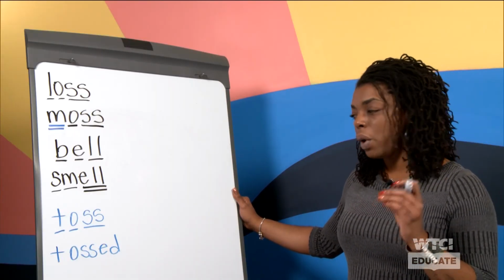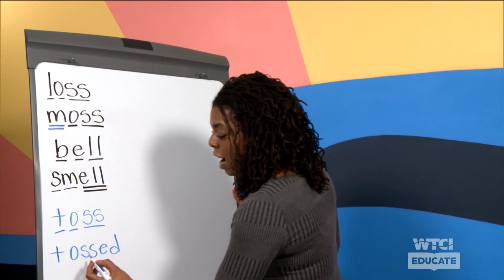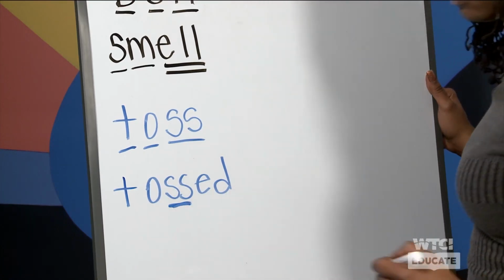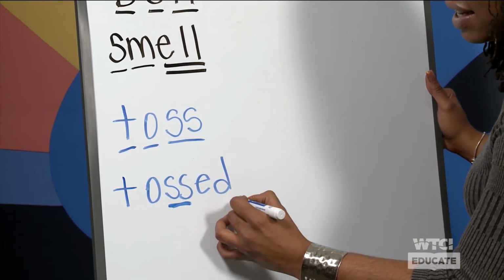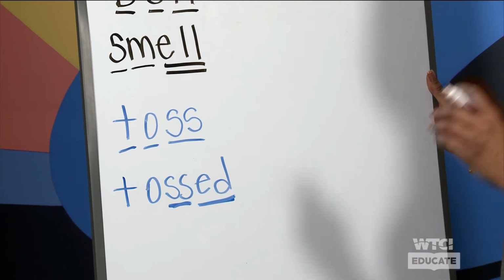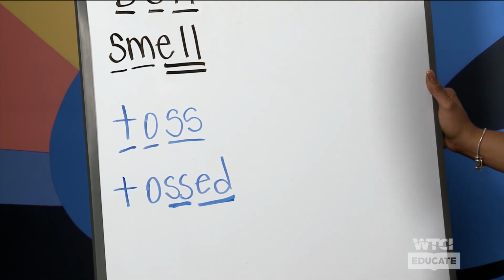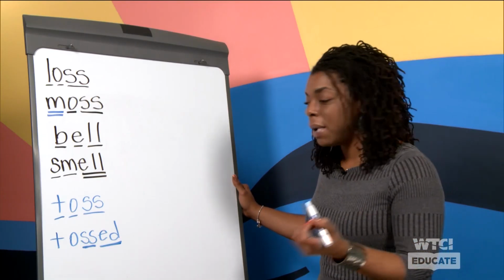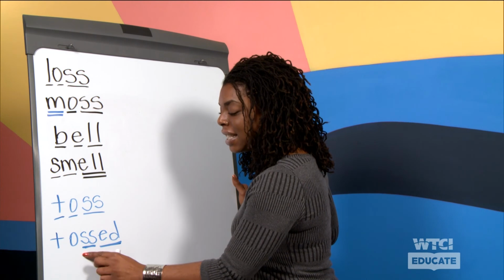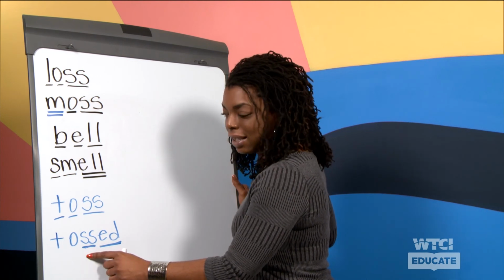Now what I want you to notice, we have our double letter followed by our ending sound, which makes a T when we say it. It sounds like you're saying tossed with a T, right? And that's mainly because the ED is behind this silent double letter S.